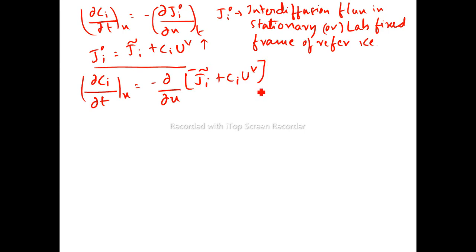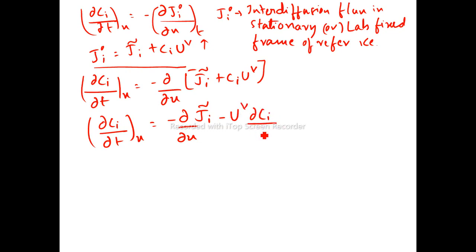And by differentiating this equation, we can write it as dou ji tilde by dou x minus dou of uv ci by dou x.